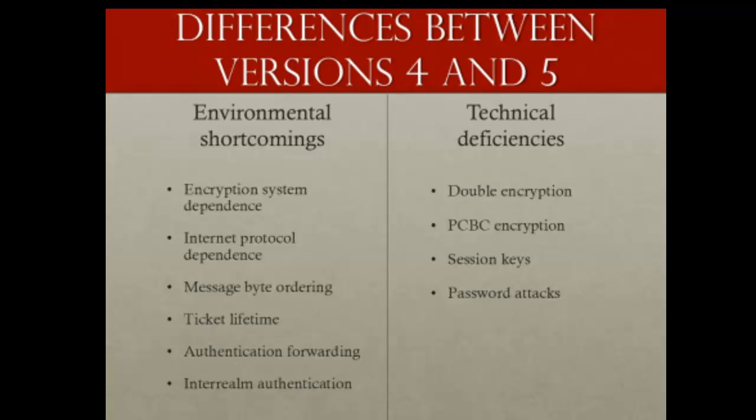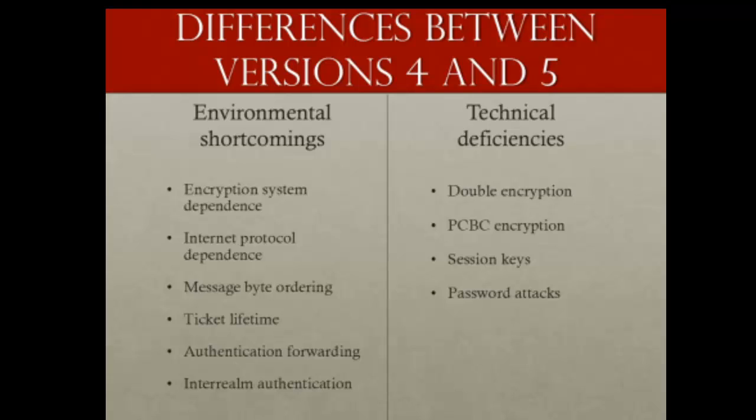Kerberos version 4 did not fully address the need to be of general purpose, and this led to the following environmental shortcomings: encryption system dependence, internet protocol dependence, message byte ordering, ticket lifetime, authentication forwarding, inter-realm authentication.